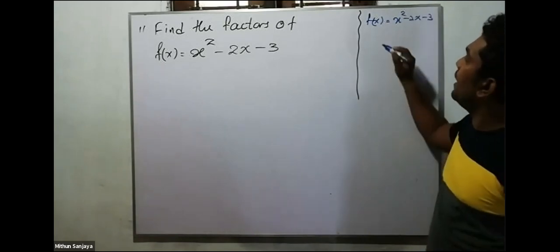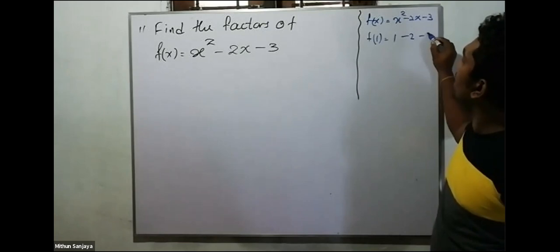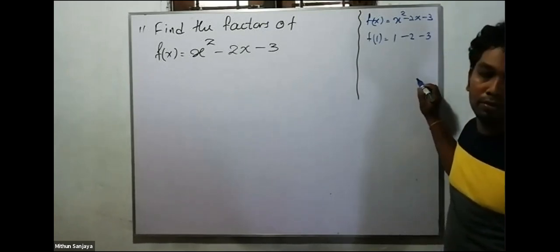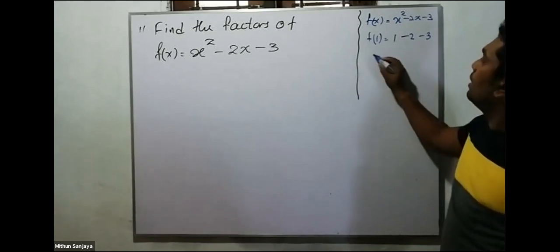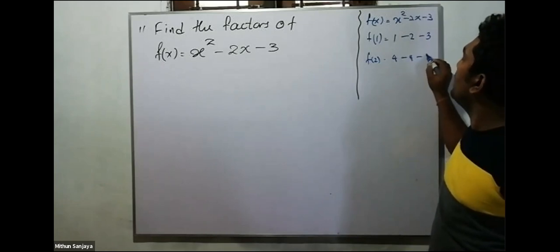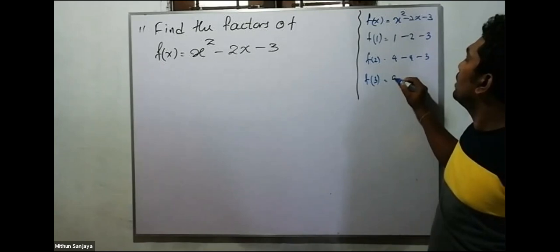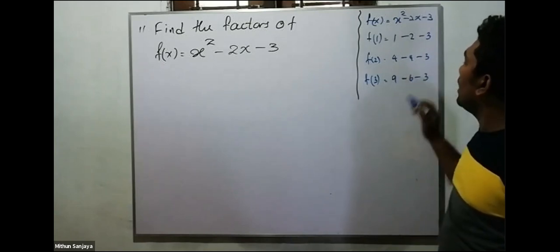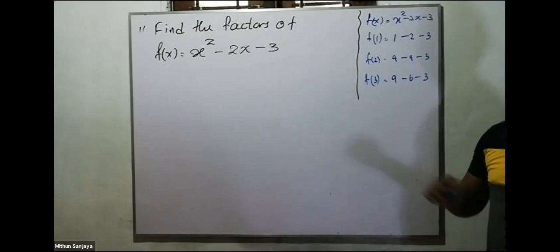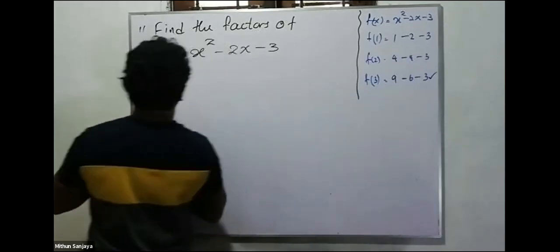Now we substitute some values. f(1) is 1 minus 2 minus 3, no. Next f(2) is 4 minus 4 minus 3, no. f(3) is 9 minus 6 minus 3. Here we have f(3). Then we identify which becomes 0, then we write it.